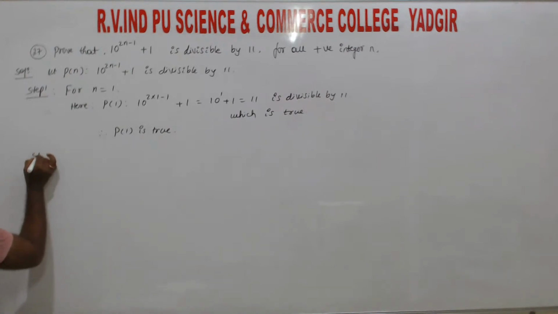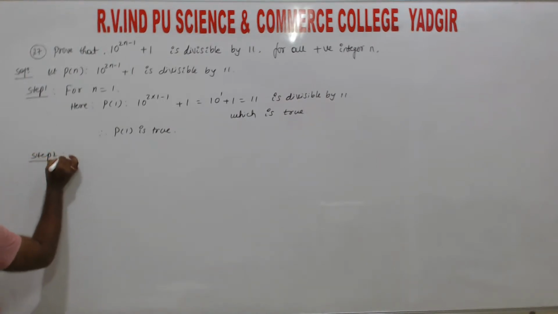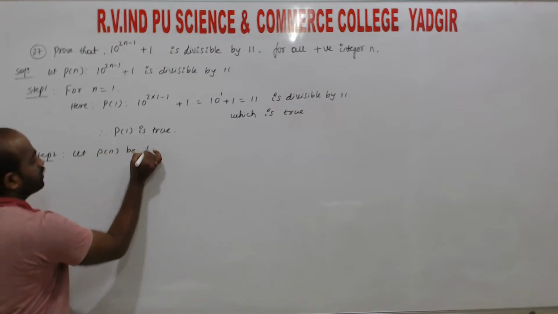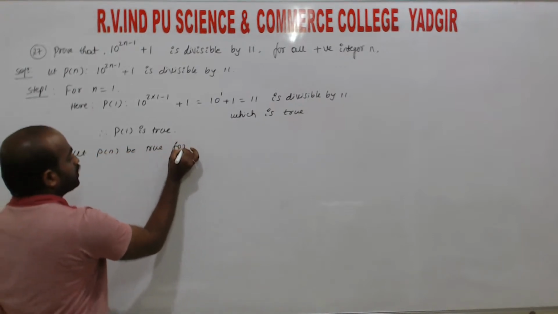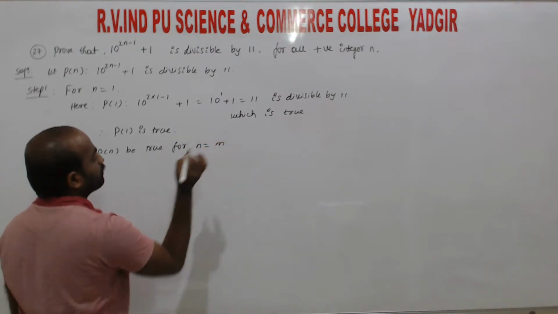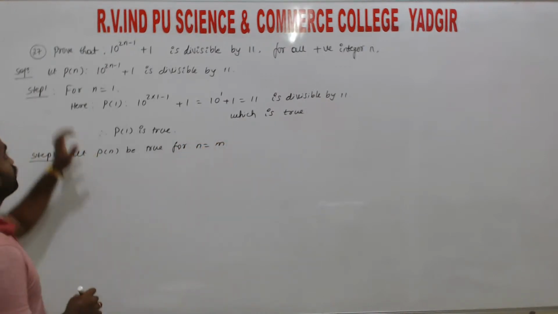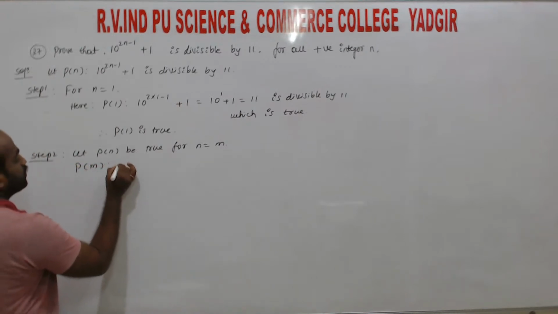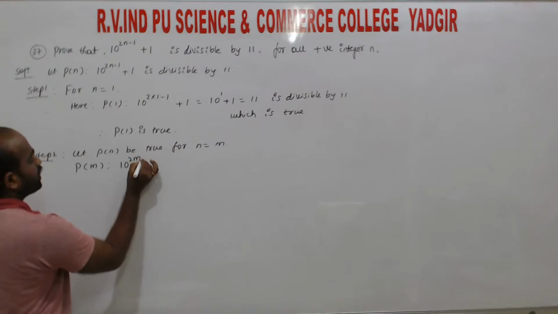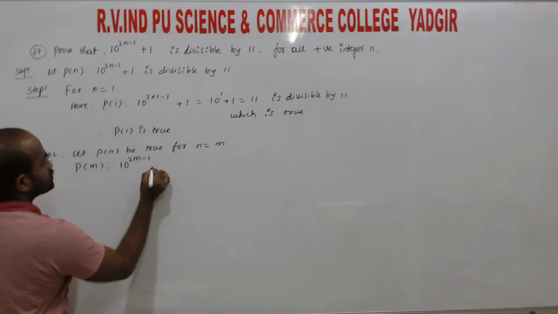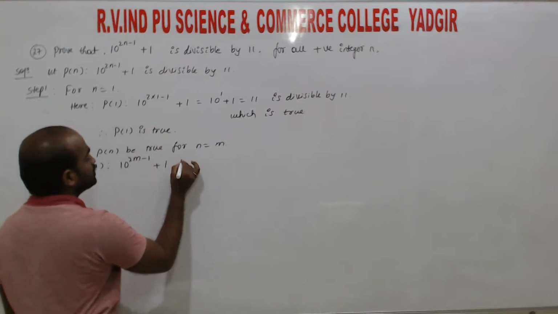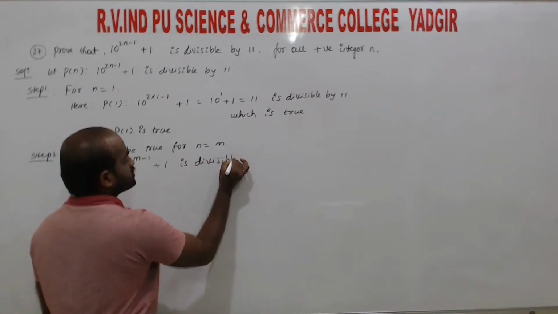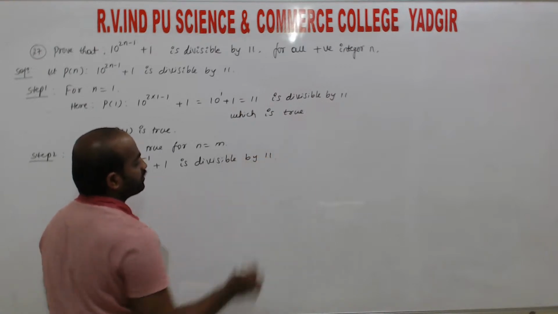Next, step 2: let P of n be true for n equal to m. P of m: 10 to the power 2m minus 1 plus 1 is divisible by 11.